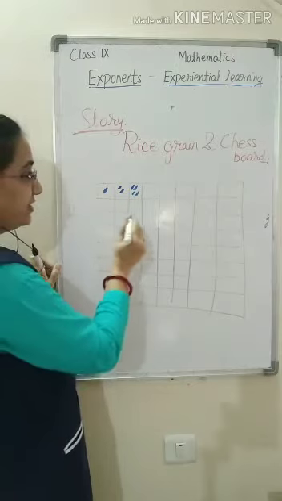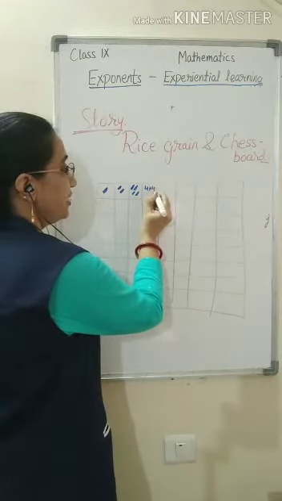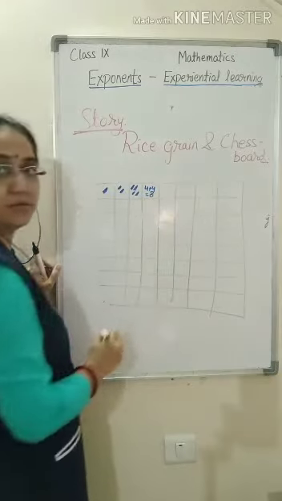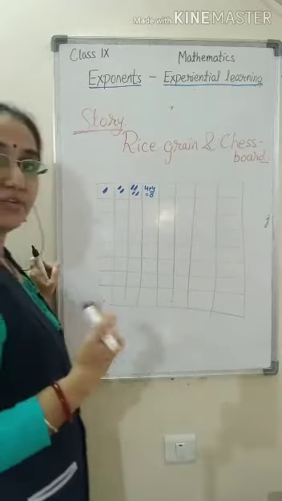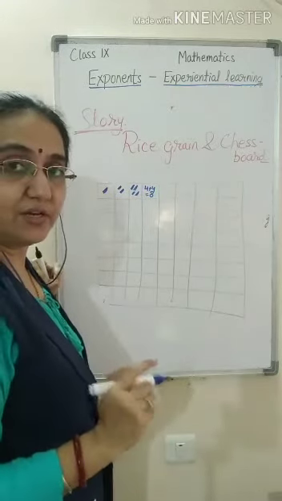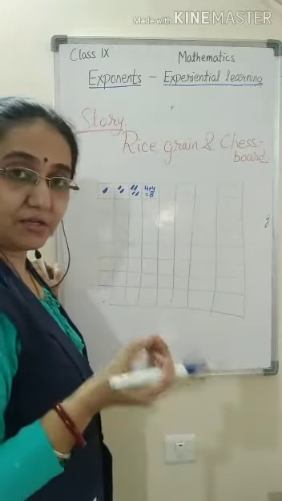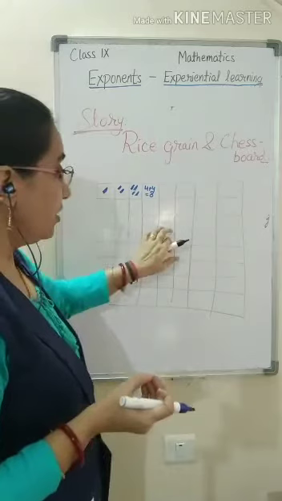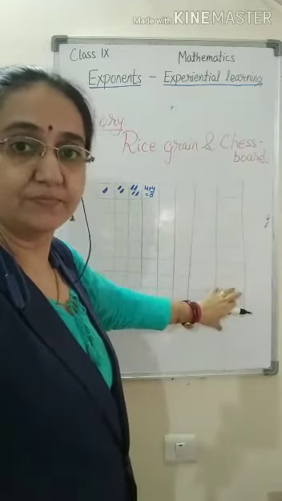Now I'll just write the number over here, and in the next he'll put 4 plus 4, that is going to be equal to 8, and so on. Now the king couldn't even imagine what the sage had asked. Let us try that, and then we are going to write the numbers, how many grains are going to come on a particular square, or let's suppose on the last square.